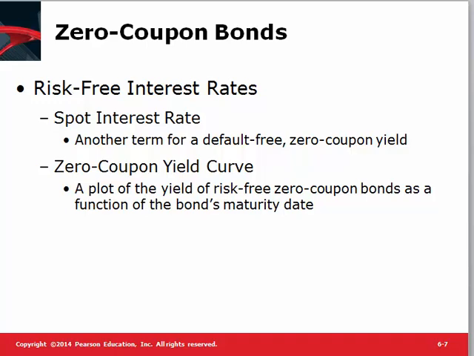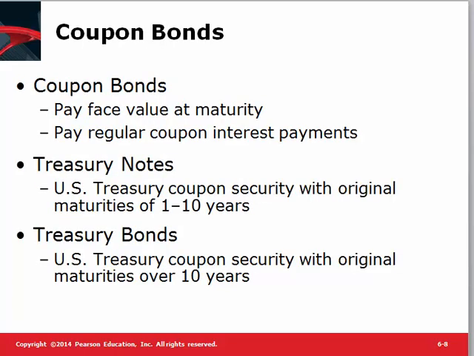A zero coupon yield curve is just a plot of the risk-free zero coupon bond components of the treasury securities. We typically have to break these down because most long-term debt of the government pays interest, so we have to back the coupons out to get the zero coupon yield curve.